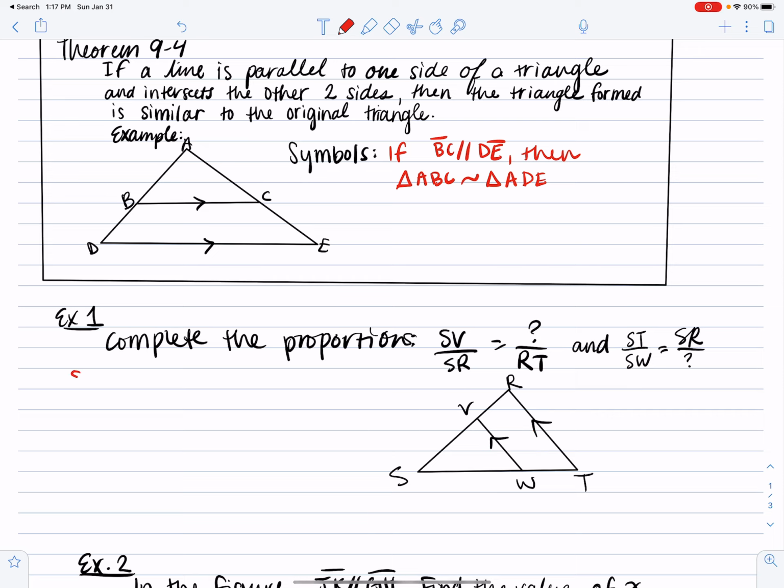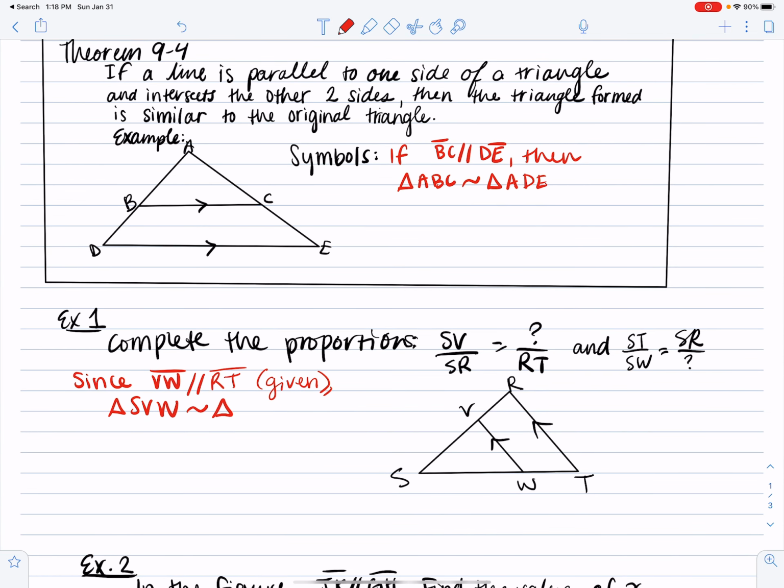So we're going to write, since VW is parallel to RT, because it's given, that means that triangle SVW, the smaller triangle that's created right here, is similar to the bigger triangle that was already there, SRT. Take a second to understand what that means.